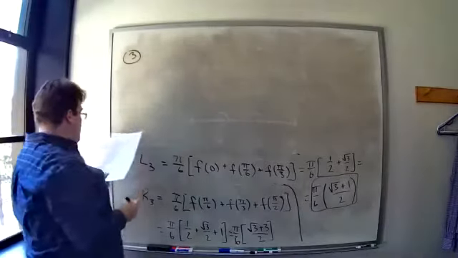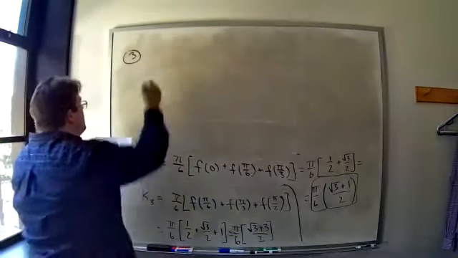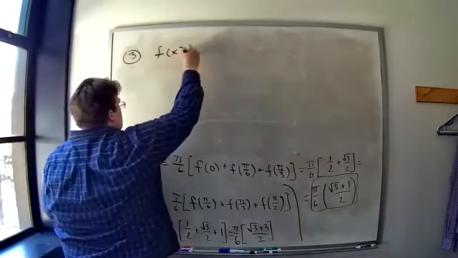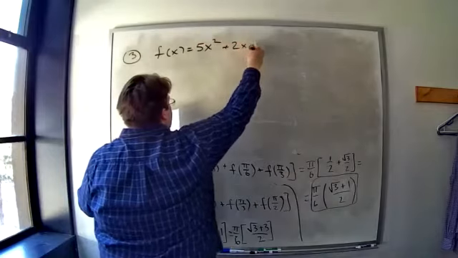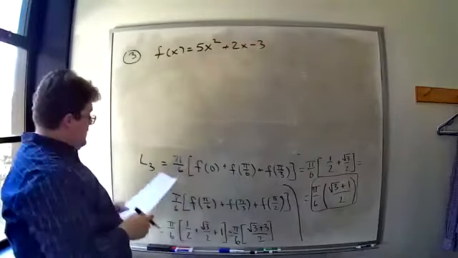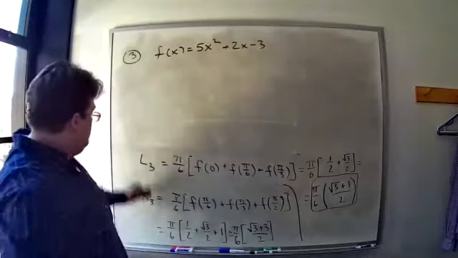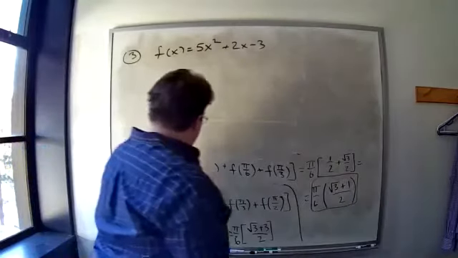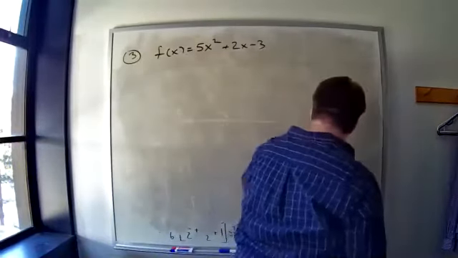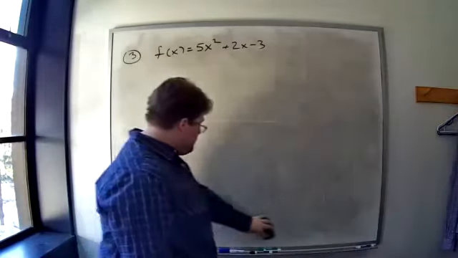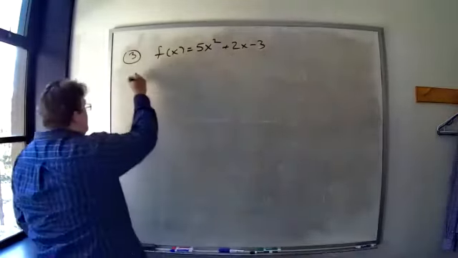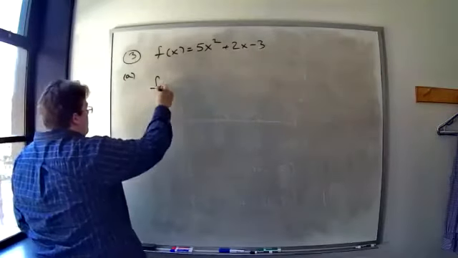So let's start with using the definition of the derivative on this function. 5x squared plus 2x minus 3. So first we need f prime of x. F prime of x is a new function, which we call the derivative, and it's defined by this limit.